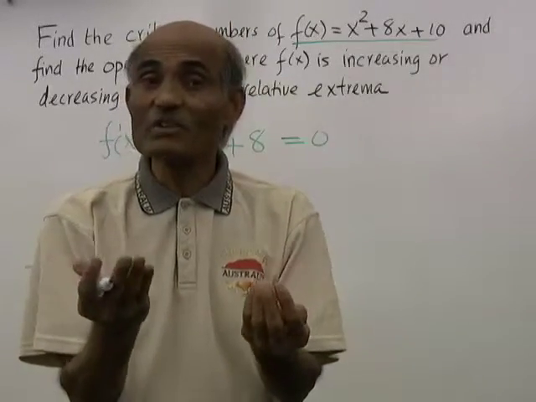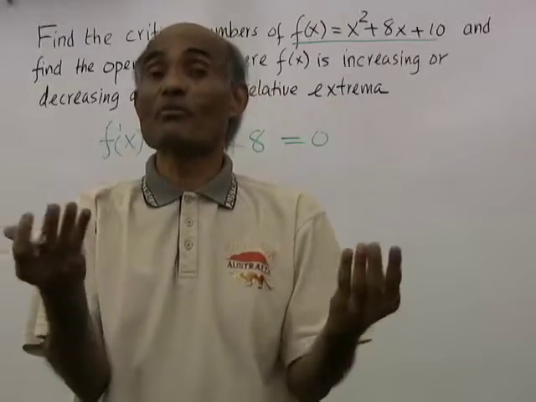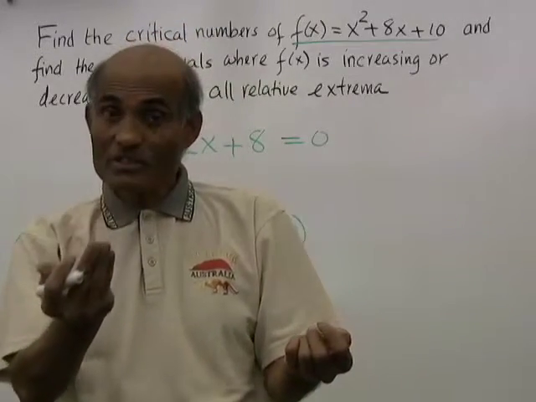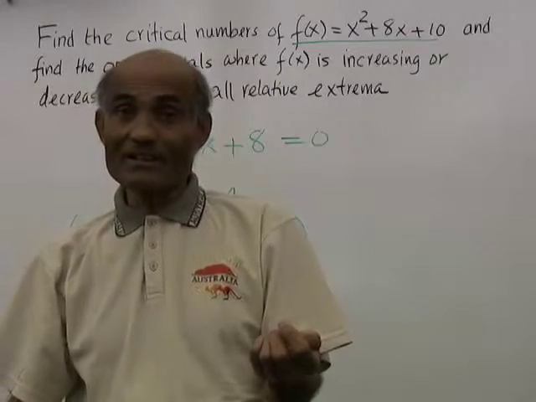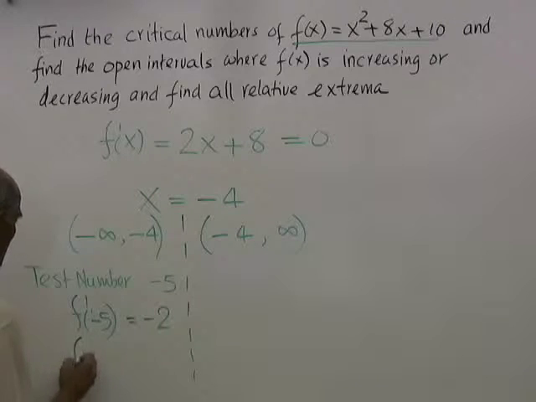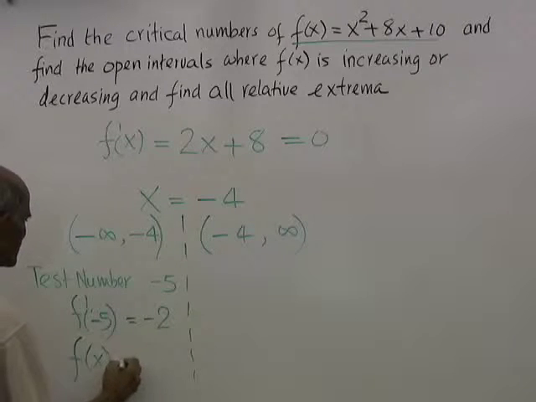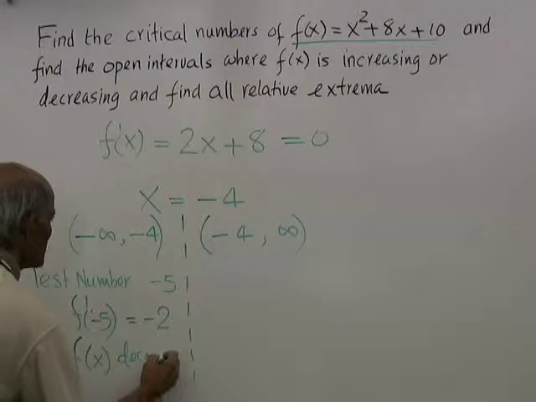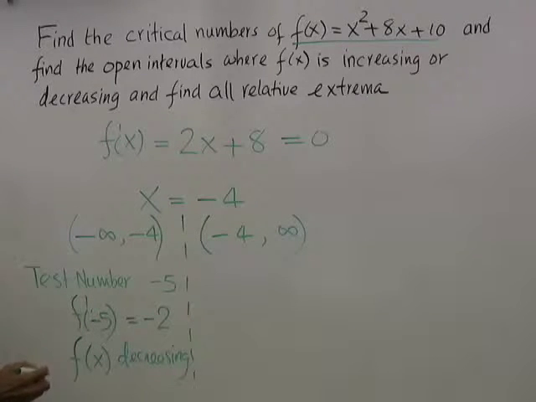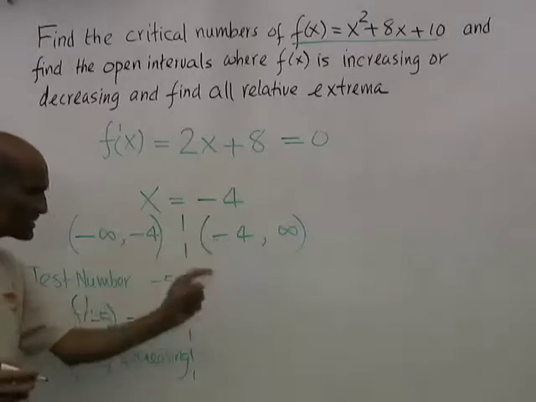So what does that tell you of the behavior of the function? Well, the function therefore is decreasing. That's right. So you can immediately say, therefore f of x is decreasing. All right, let's go to the next interval.